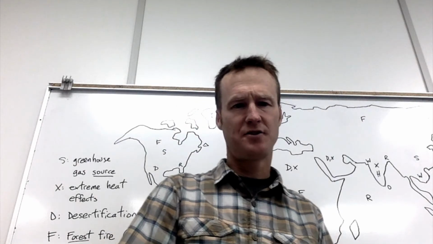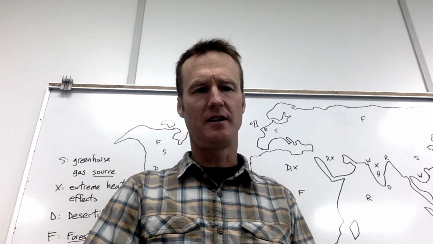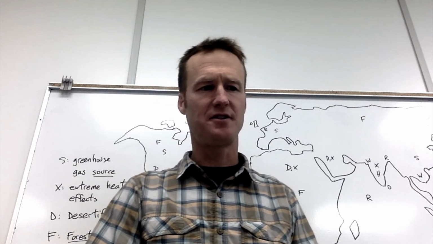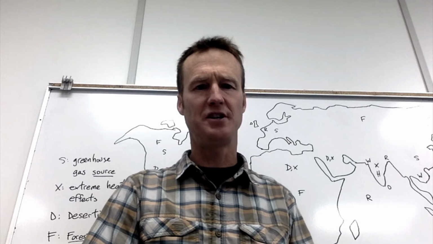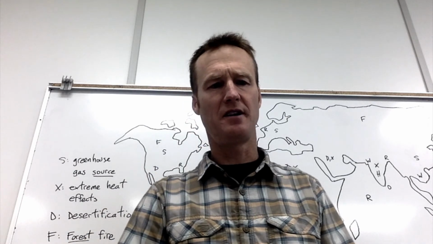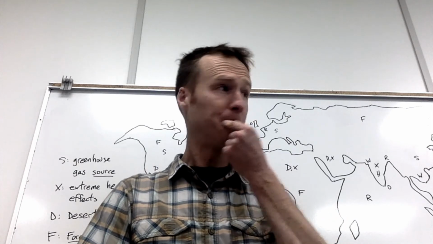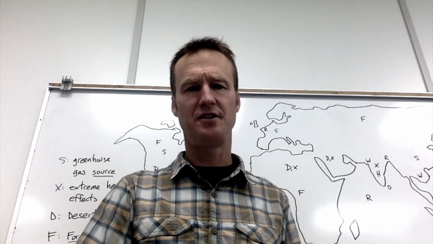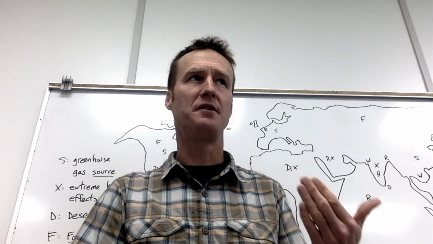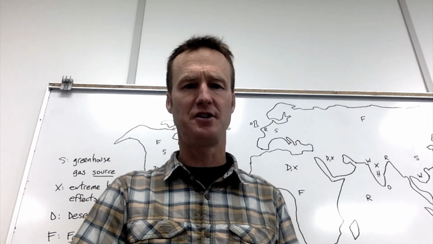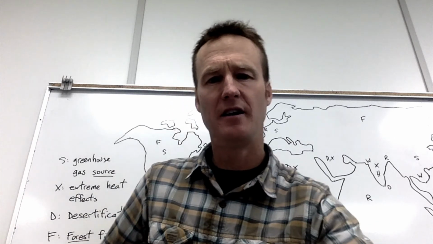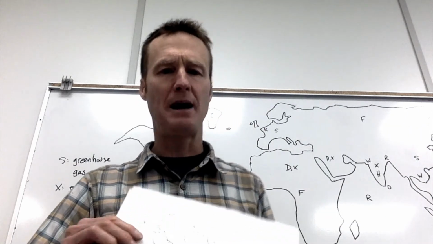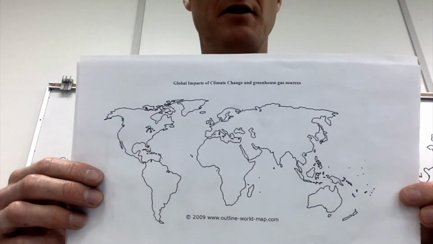Hey there, Science 10. So just continuing lesson 10, or lesson 8, I should say, human activity and climate change. So part of the notes for this is looking at where climate change is going to happen, or what the effects are expected to be of climate change in different parts of the world, and I provide for you a map to write these on too.